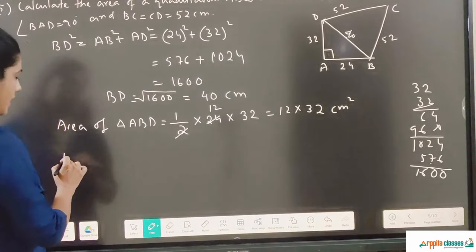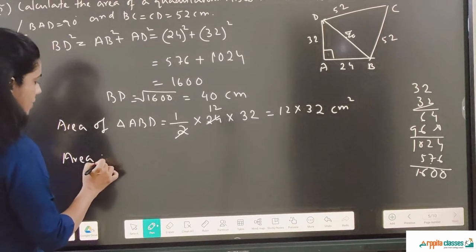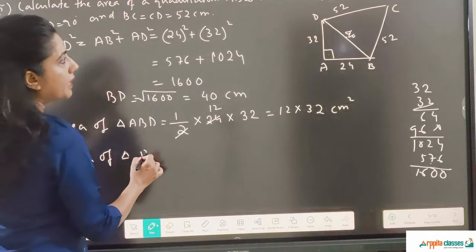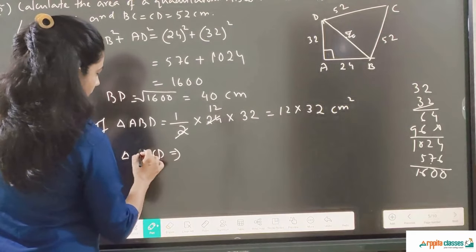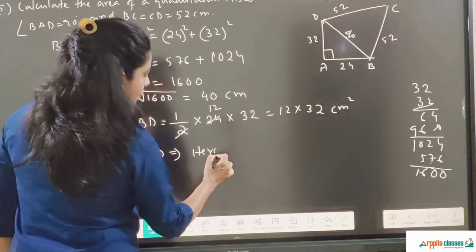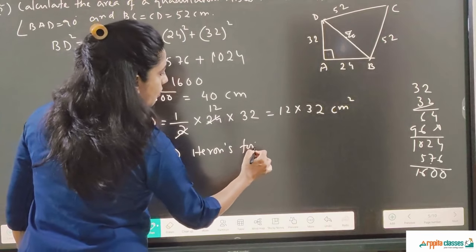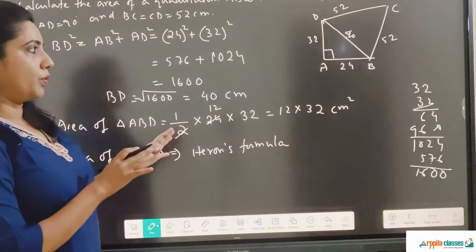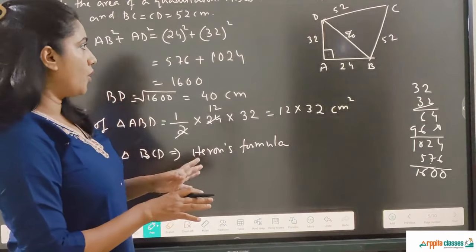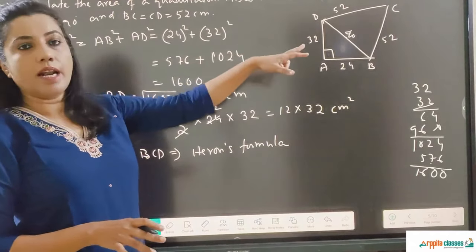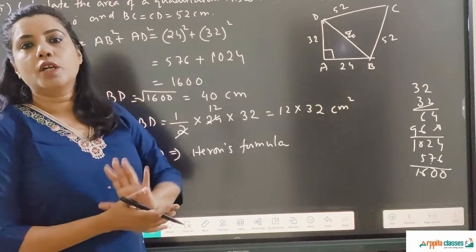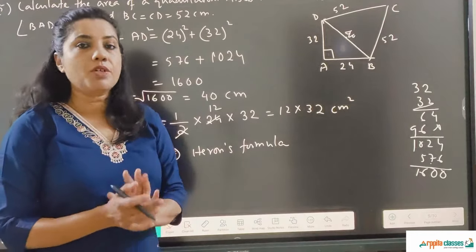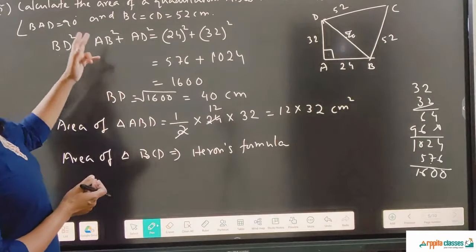And now the area of the other triangle, area of triangle BCD, we can get it by Heron's formula. We have done Heron's formula many times, so you try this sum, and then finally the area of the entire quadrilateral will be the sum of the areas of the two triangles. Okay, you have to find out the area.